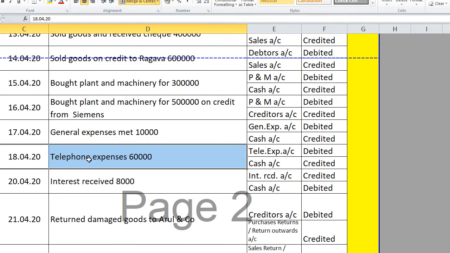18th, telephone expenses 60,000. Oh my god, let us reduce it. If this much of bill, there'll be great loss. Let us have some 25,000. Telephone expenses 25,000.